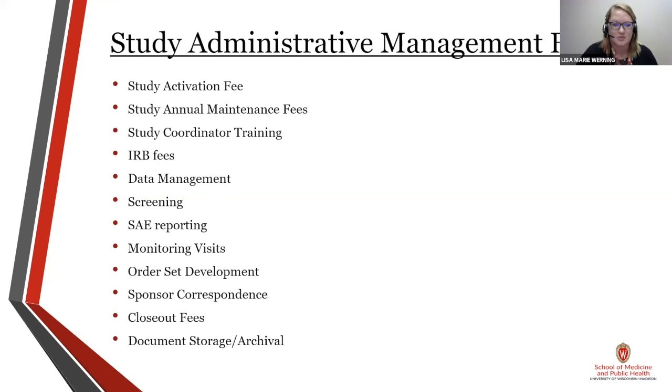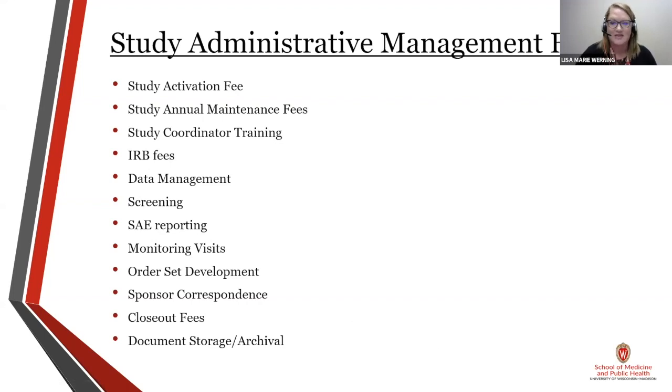Data management, we invoice for that quarterly. Screening. A lot of times budgets are built where they're totally based on milestones, but if you don't enroll anyone, you could really see yourself in a deficit. So we also have a screening fee, which covers the time that coordinators spend going through clinic schedules and trying to recruit patients.